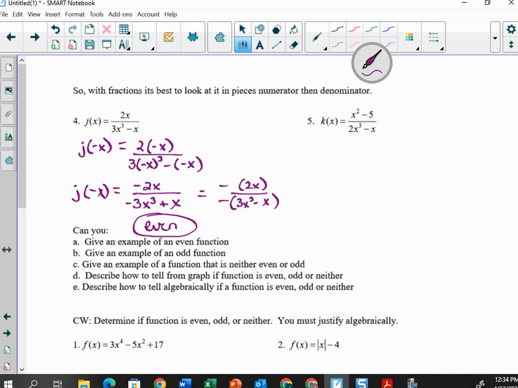All right, guys, what do we think? Odd? Are we all in agreement? Let's see. Show the plugging in. Numerator stays exactly the same.